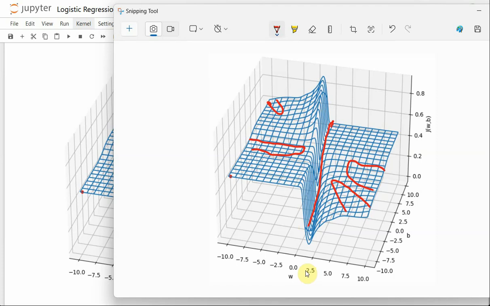So what is the problem? Why is that? Let's refer to the linear regression case once again. In linear regression, the MSE had a parabolic profile.